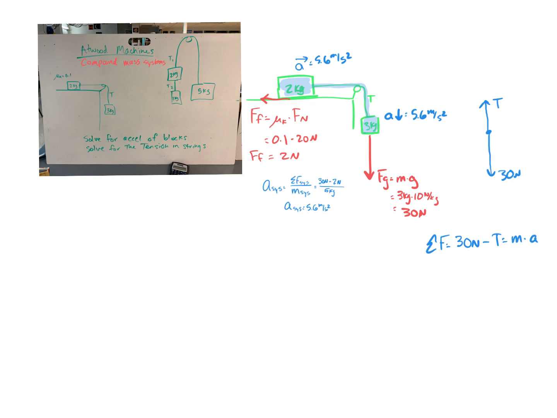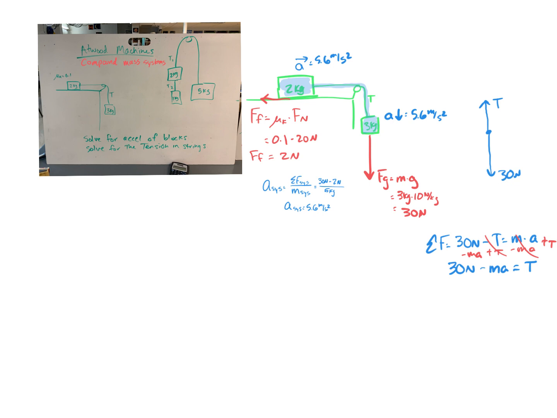And I can rearrange that and solve for T. So I'd have 30 newtons minus ma would equal T. All I did there is a couple steps: I added T to each side, and then I subtracted ma from each side. That's the two steps, just combined.